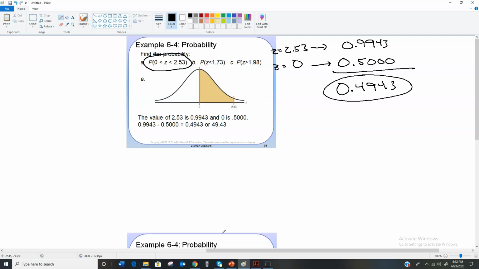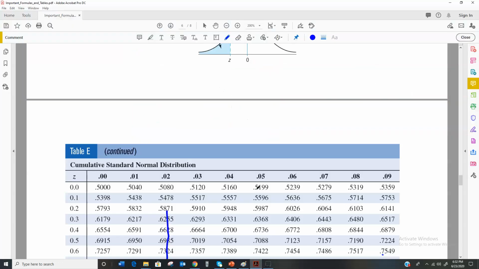Okay, now I'm not going to go down to these slides because I want you to see it as it goes, and then we'll go down to the slide. So this was A. For B, it says, what's the probability that Z is less than? Remember, less than means we're going to the left. So if it's to the left, we just take what's on the chart. So we just need to find 1.73 on the chart.